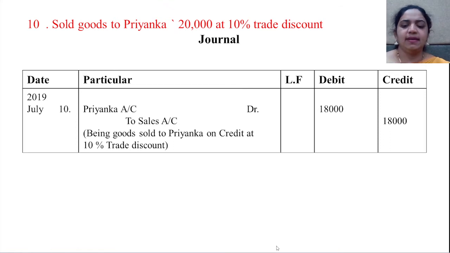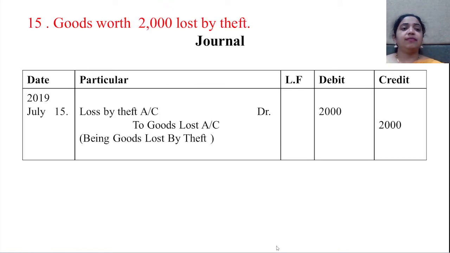Okay, let's move ahead and see the next transaction, date 15. Goods worth rupees 2000 lost by theft. For this entry specifically, we have to learn it. The entry is loss by theft account debit to goods lost account, 2000 on the debit, 2000 on the credit. Always remember this entry: goods worth rupees 2000 lost by theft.